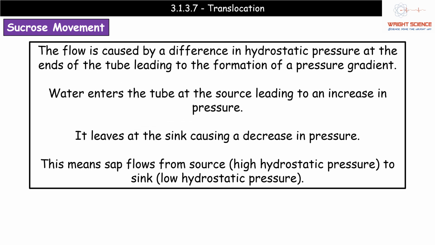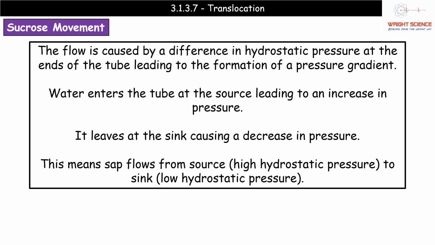In terms of how the plant knows what direction to send things, because it's obviously not consciously thinking, it has no brain, what we actually find is that flow from source to sink is caused by a difference in hydrostatic pressure. If we get a difference in hydrostatic pressure in a tube, we've created a pressure gradient.